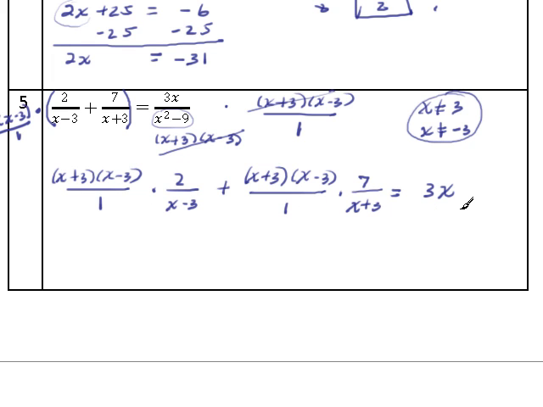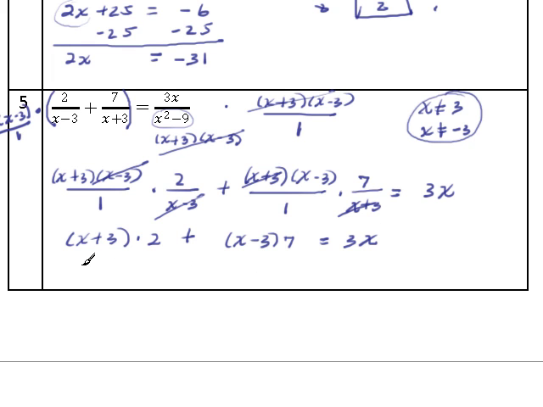So if that's one of our solutions, we'll say that that solution is not valid. Okay, now let's continue. Let's do our canceling. Cancel out this x minus 3, and we get x plus 3 times 2, plus, cancel out this x plus 3, x minus 3 times 7 equals 3x.